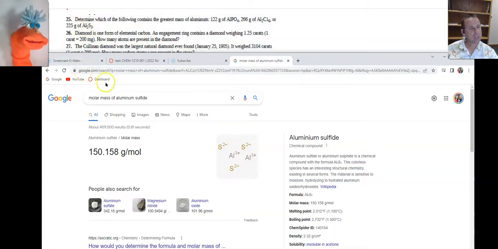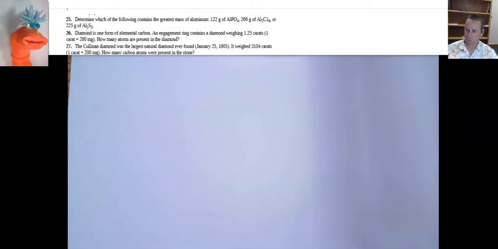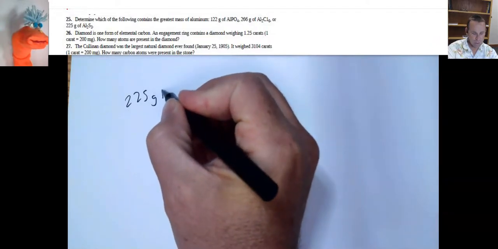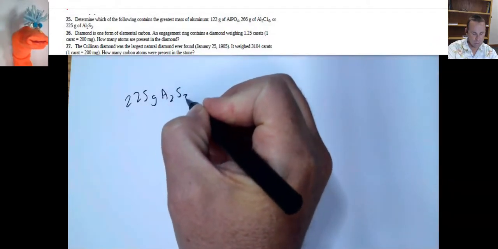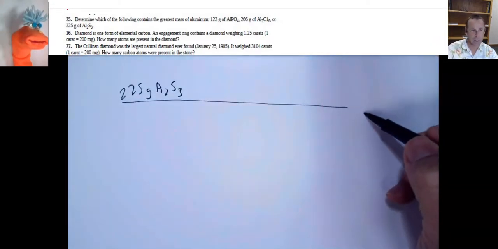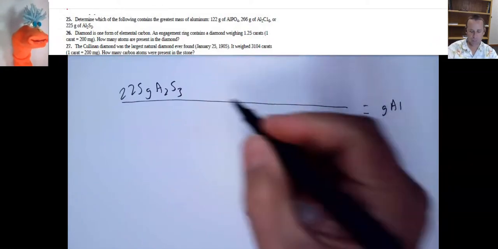Yeah. So here we have 225 grams of it, so it's more than a mole. 150.158. So we start with 225 grams of aluminum sulfide, and we want to know how many grams of aluminum there are in there.